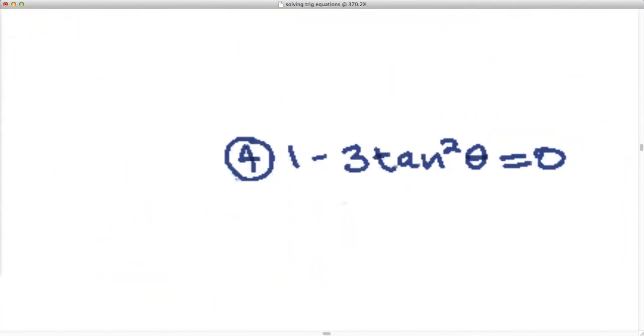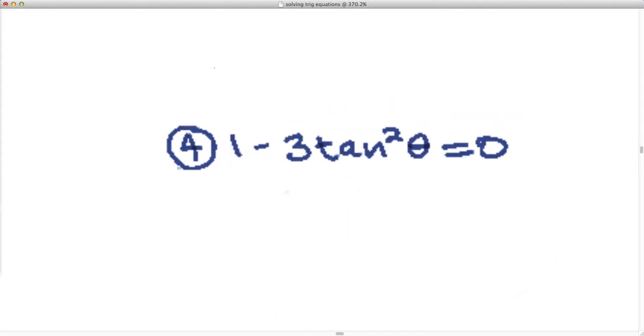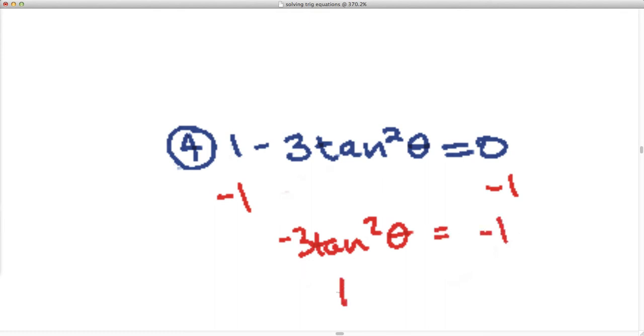Okay? Let's look at this one here, another one in which we have a problem that's not explicitly solved for the trig function, so you've got to do that. You divide both sides by the negative 3, and you'll get tan squared theta equals 1 over 3.